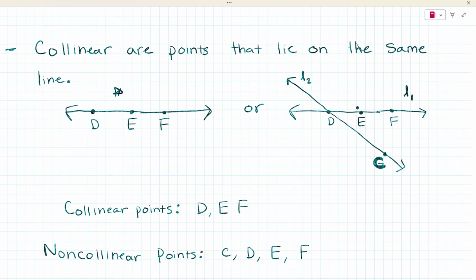If you connect them, here's C, here's D, and then you make an angle. So they're not on the same line. So that would be non-collinear. But points C, D would be collinear. Points D, E, F would be collinear, right?